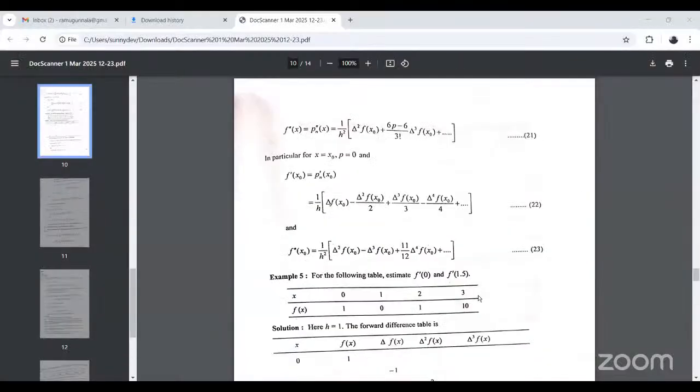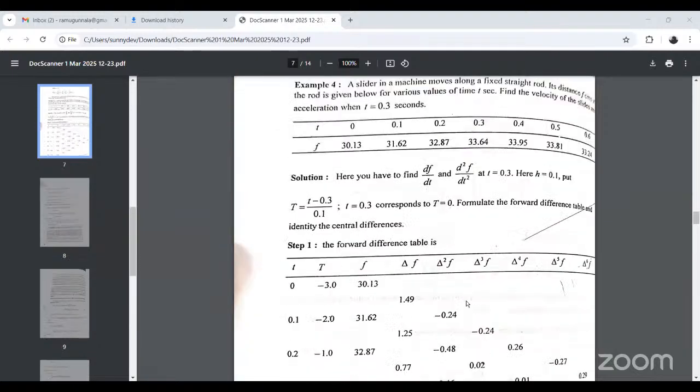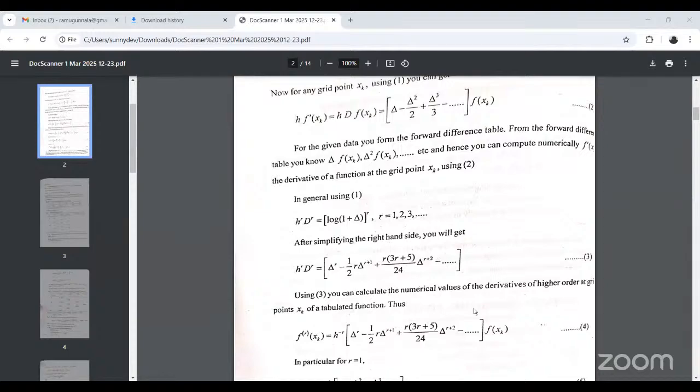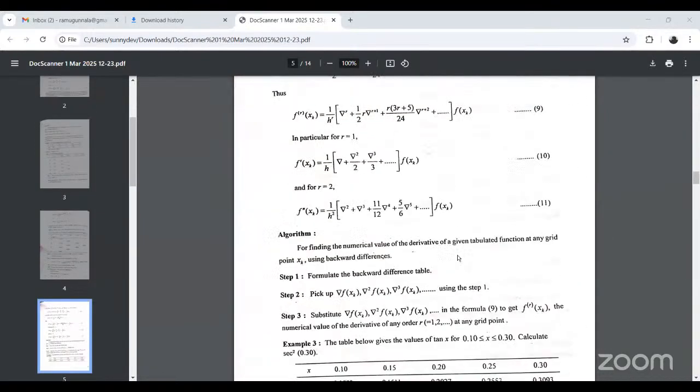If you have the textbook, you can solve numerical differentiation, the forward differentiation formula and backward differentiation formula.